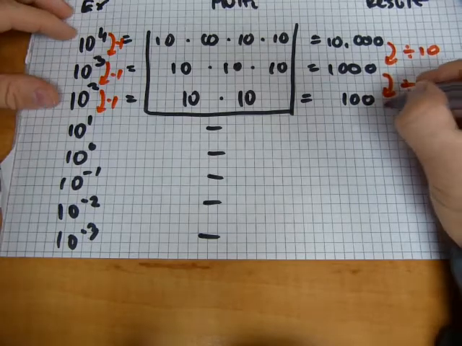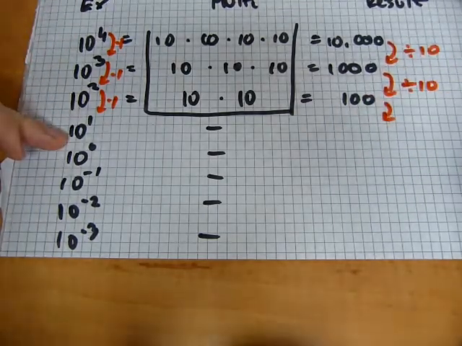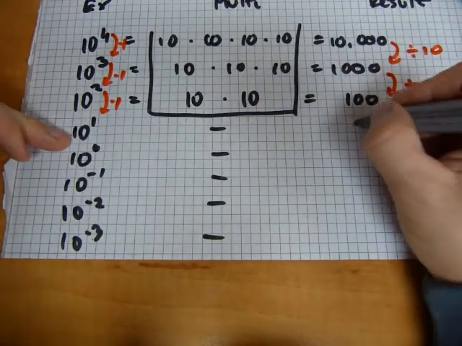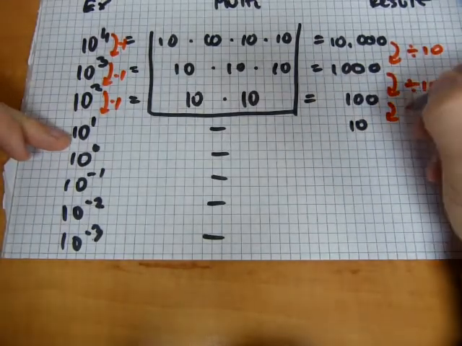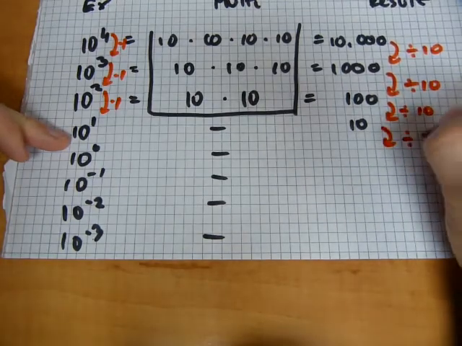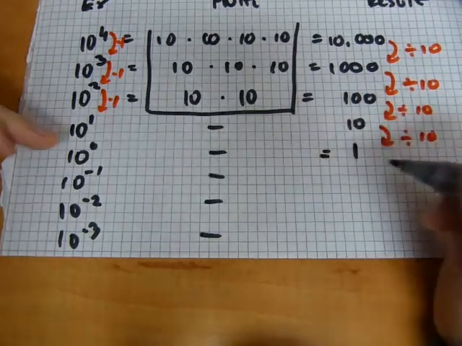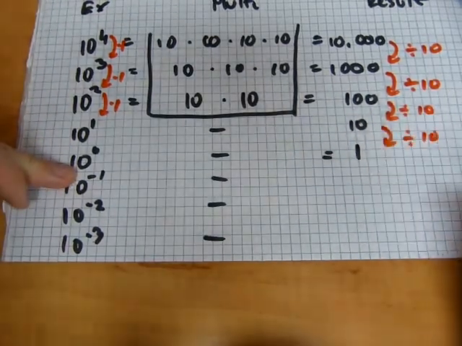And to get from 100 to the next result, for 10 to the power of 1, it's 10, because we're still dividing by the base. Same for the next step. 10 divided by 10 is 1. So 10 to the power of 0 is 1.